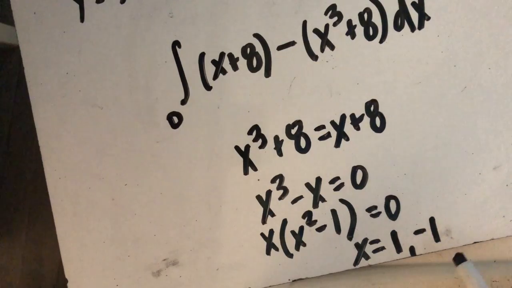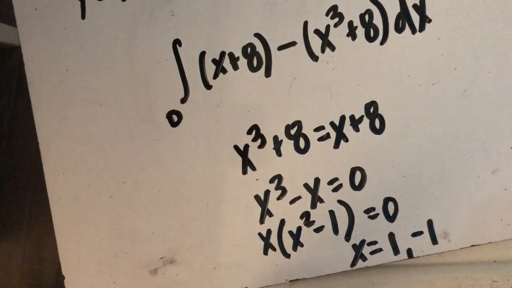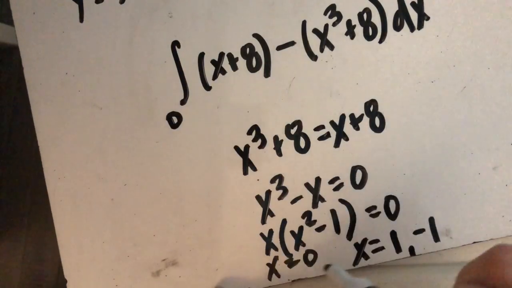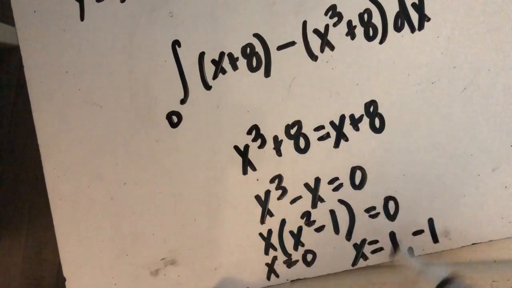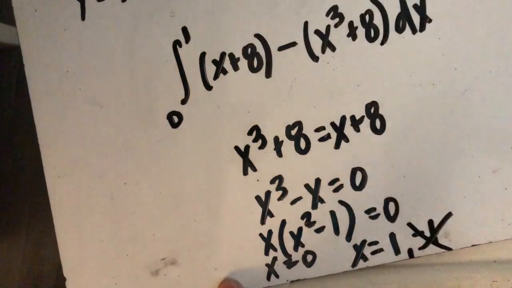Looking at our picture, I don't want the negative 1. That's not what I need. I need this positive 1 right here. And I know that because it says find the area of the region in the first quadrant. So I want this piece here, starting at 0 and going until 1. And then algebraically right here is where my 0 came in. So if you didn't see that from the picture, it's at 0, it's at 1, and I don't want negative 1 because I'm talking first quadrant. So the 1 will go here.